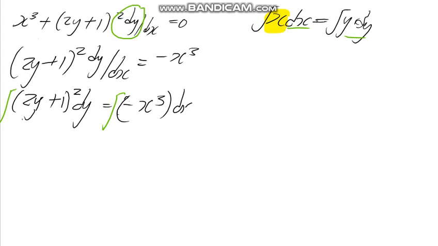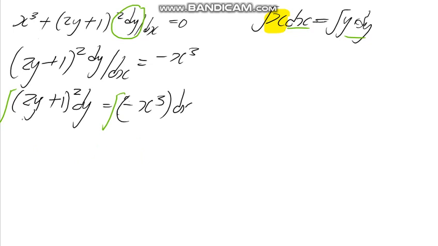So you have an integration of (2y plus 1) all squared. As you can see, this is the same as f of x to the power n times f prime of x. It's in that format. So you're going to apply this formula.